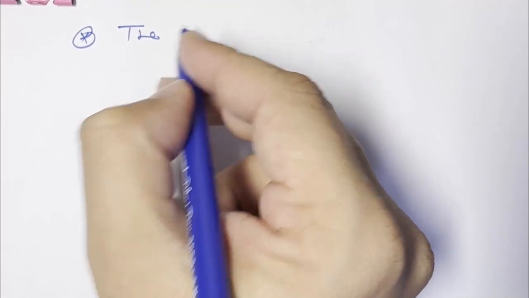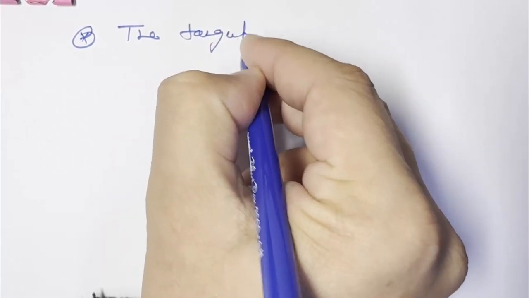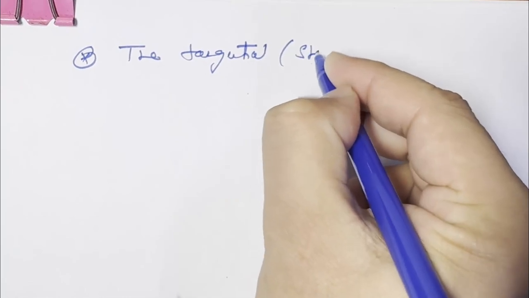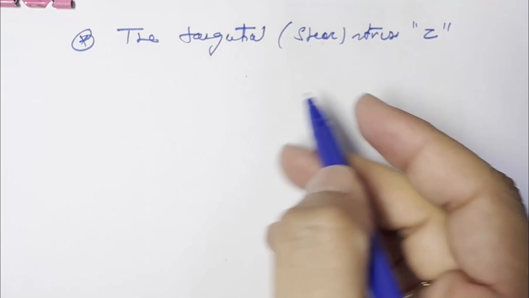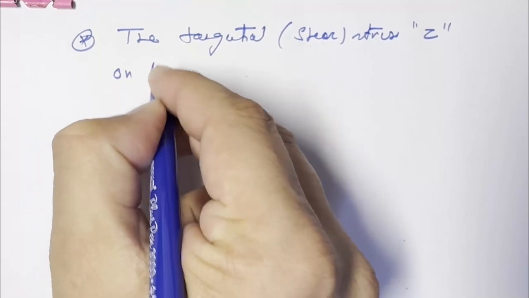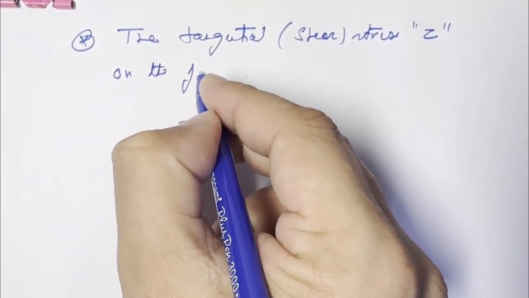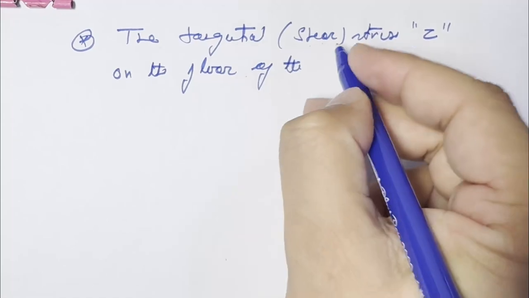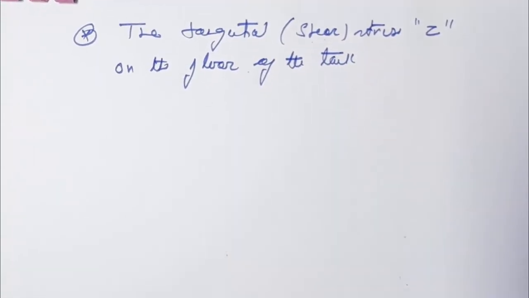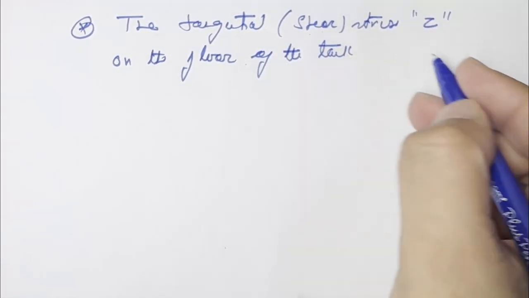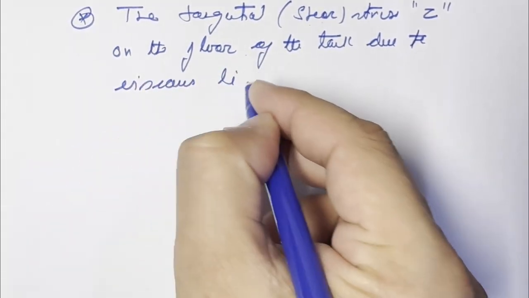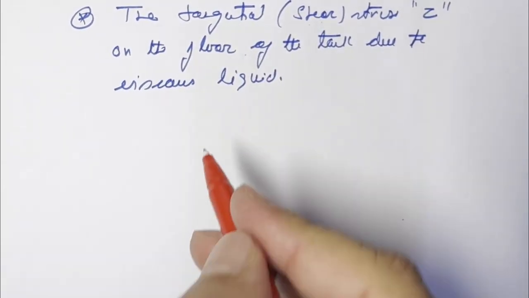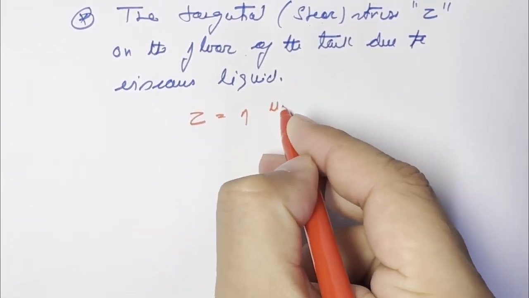For that, you can write that the tangential or shear stress, denoted as tau, on the floor of the tank due to the viscous liquid is given as tau is equal to nu u0 upon h.